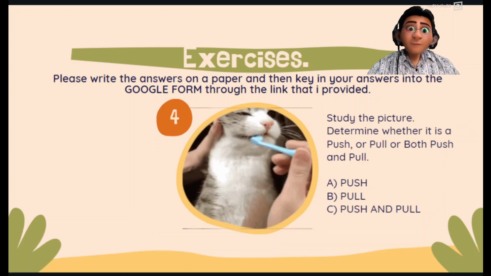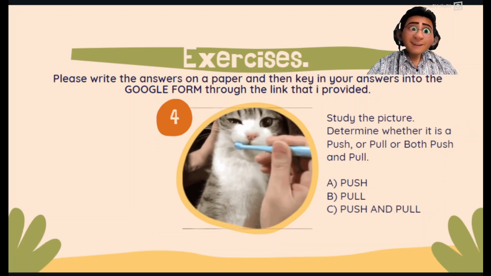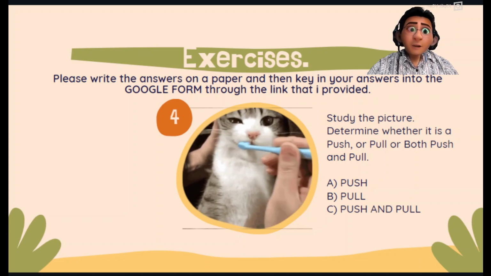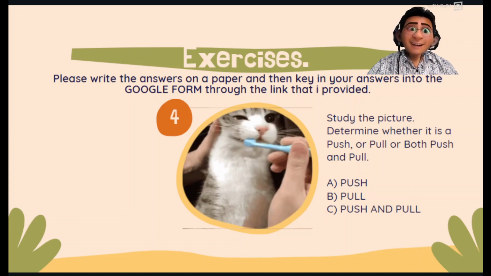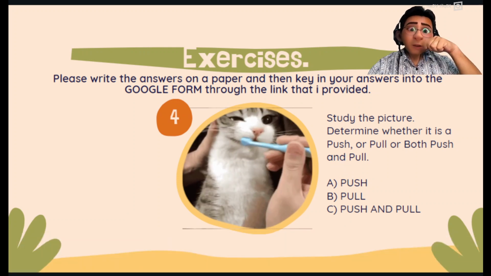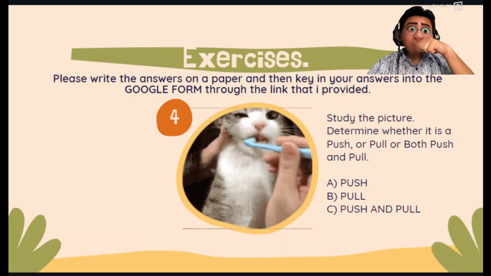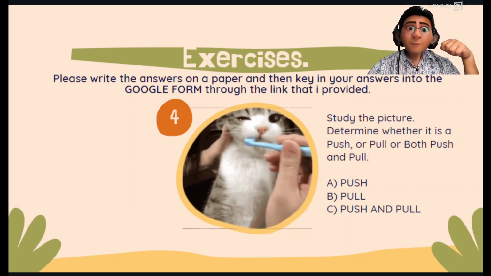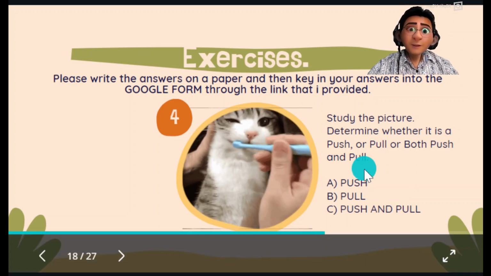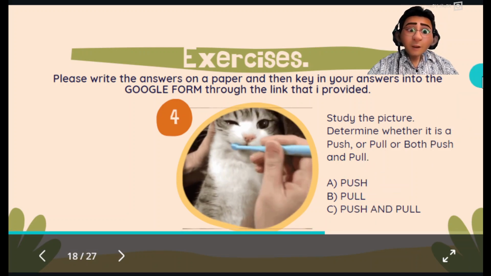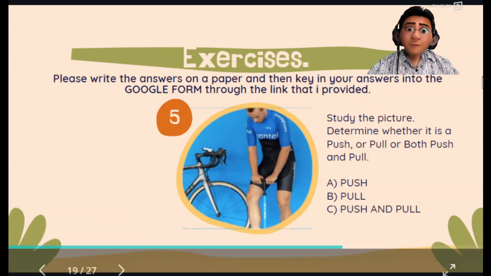Question number 4. There's a cat. Someone is brushing the cat's teeth. So when you are brushing your teeth, is it a push or a pull, or both push and pull? Choose your answer, A, B, or C. Next, number 5.